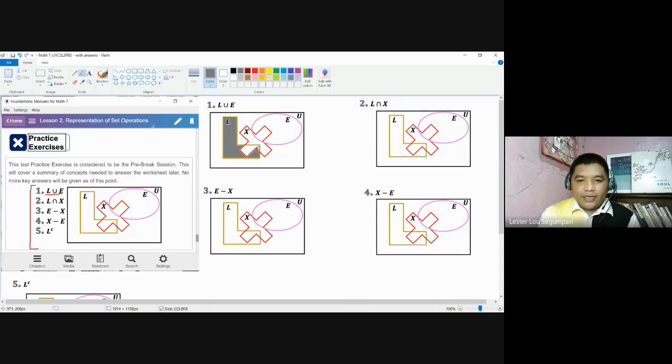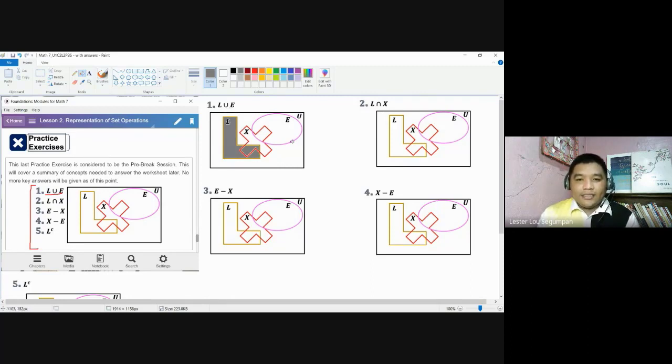How about this area here, which is the overlapping portion, or the other term for overlapping is the intersection of set L and set X. Yes, it's part of set X. However, in the first place, it is part of set L. So again, even if this is part of set X and we don't have X here for our result, it's still part of set L, so we still shade it. This is set L, and its union with set E.